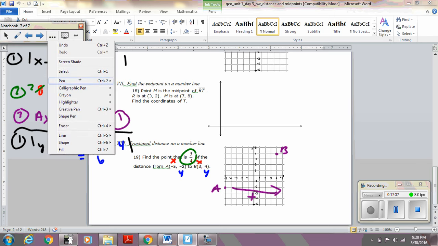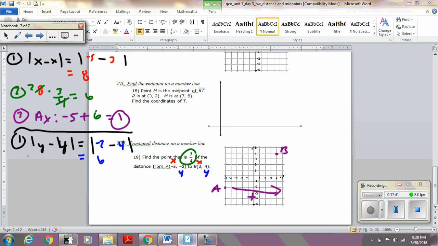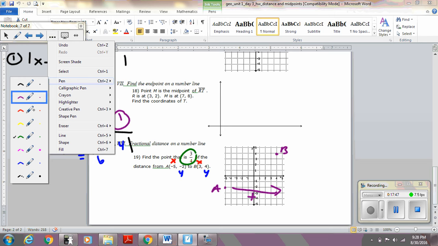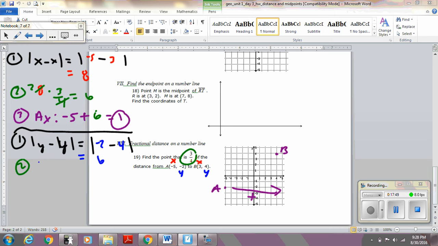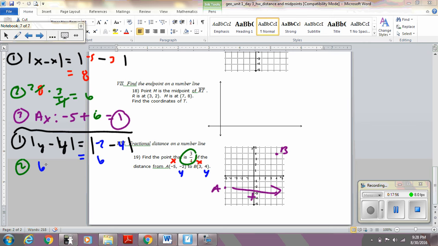Now we find the fractional distance by taking 6 times 3/4, which would be 18/4, which would reduce to 9/2.